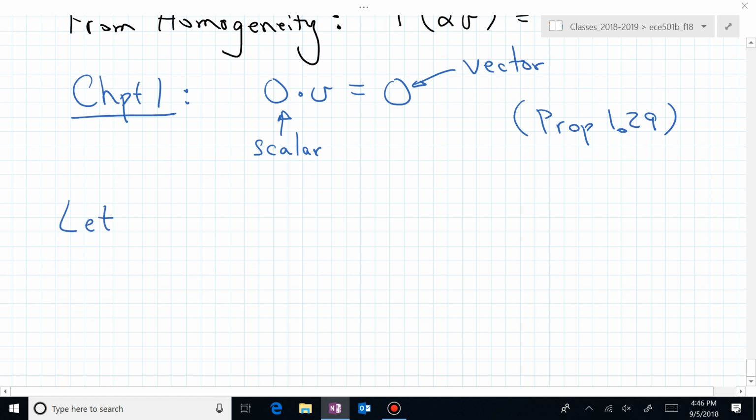Now, in our justification or explanation for why the linear map needs to map the 0 vector into the 0 vector, let's pick this scalar to actually be 0.